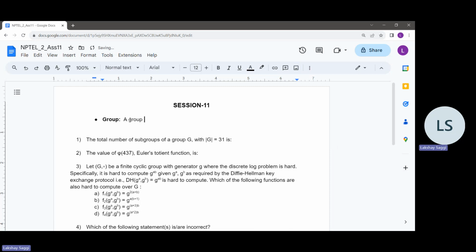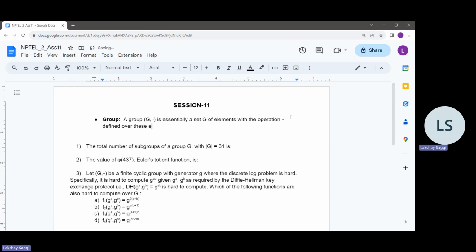Basically, a group is a set G, where G is a set of elements, and there's an operation O defined over the set of elements G. So basically, a group (G, O) is essentially a set G of elements with the operation O defined over these elements.